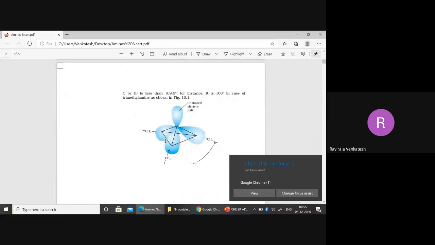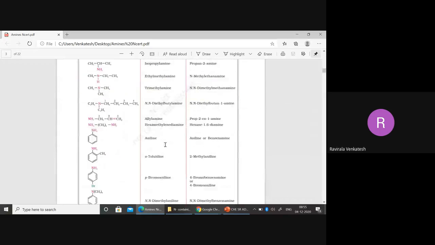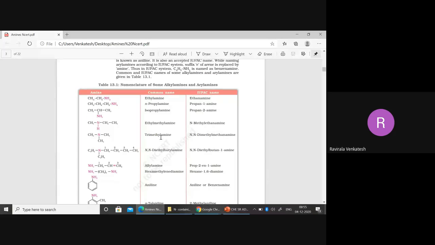What we discussed here, everything, the structure of amines we discussed. Primary, secondary, tertiary, nomenclatures also we completed. These are the nomenclatures given in the text box. We already completed this one.